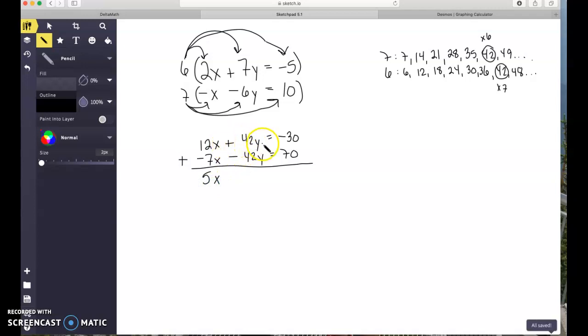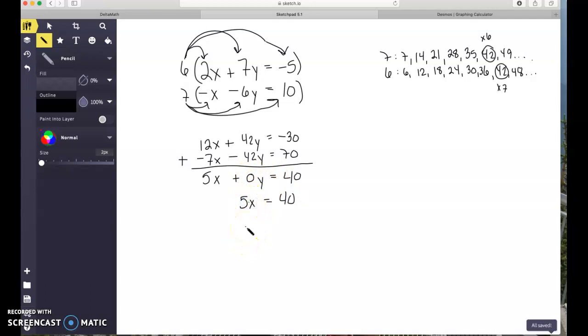I've got 42y plus a -42y, which gives me 0y. And -30 plus 70 gives me 40. 0 times y is 0. 5x plus 0 is just 5x equals 40. So I have now eliminated that y variable.